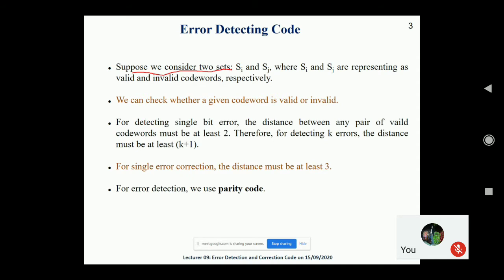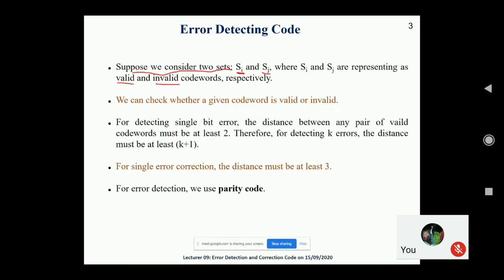The first set we denote as SI and the second set we denote as SJ. SI represents valid code words and SJ represents invalid code words. So what happens when we check whether a given code word is valid or invalid?